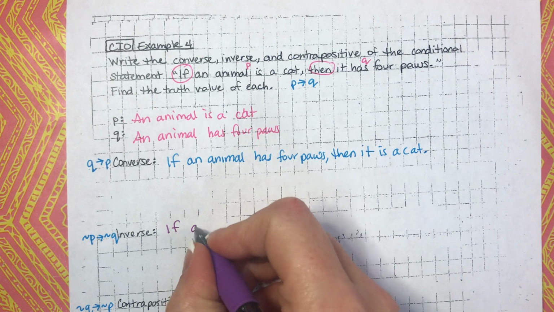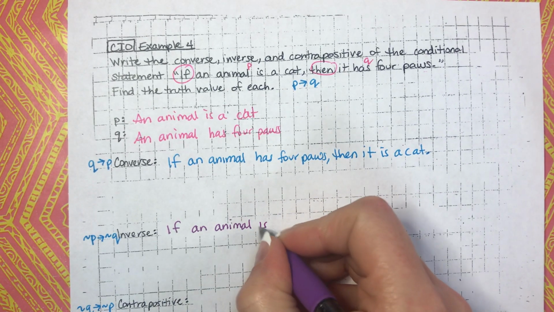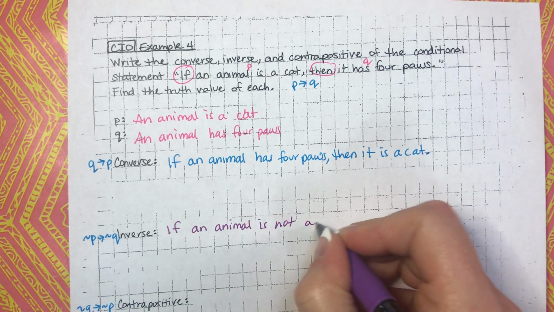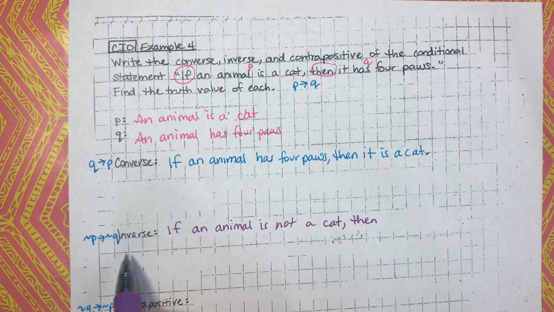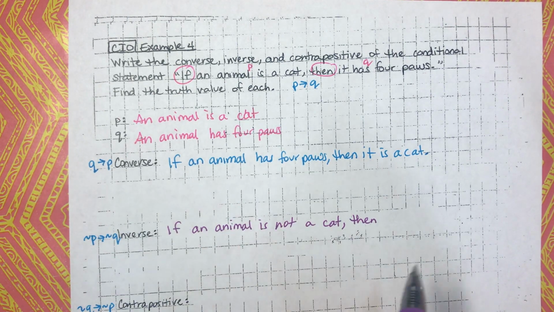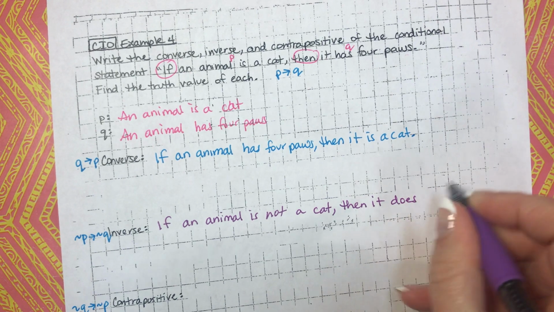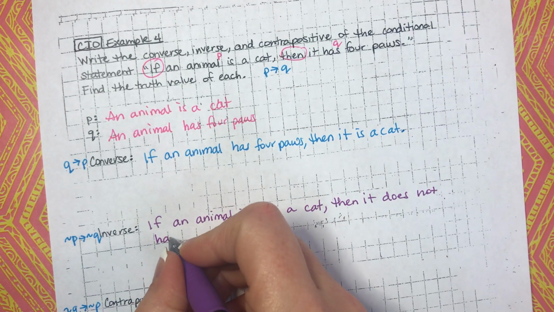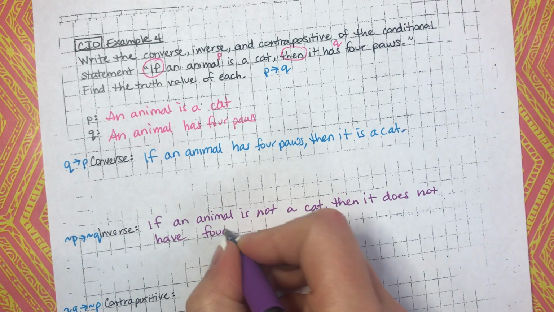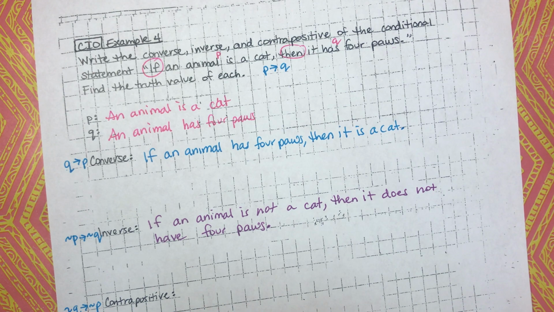If an animal is not a cat, then it does not have 4 paws. That's the inverse.